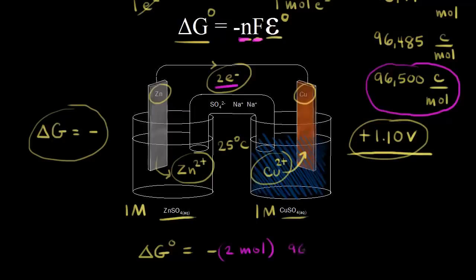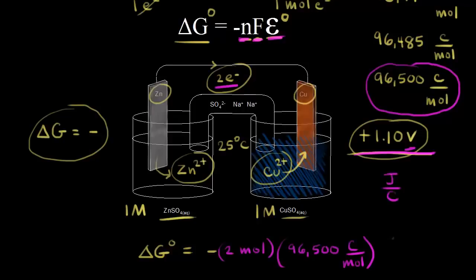So this is 96,500 coulombs per mole. Next, we plug in the value for our standard cell potential. So E0 is 1.10 volts for this voltaic cell. And when you're thinking about units, a volt is how many joules per coulomb.